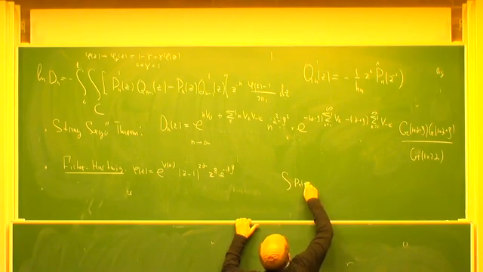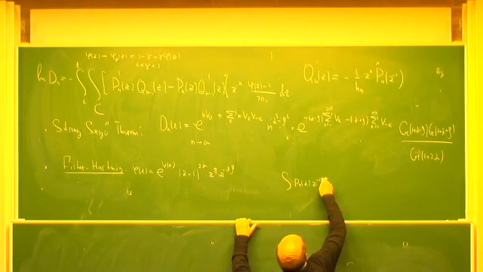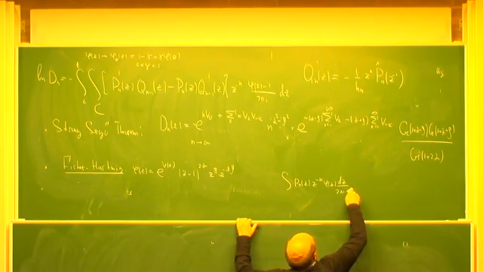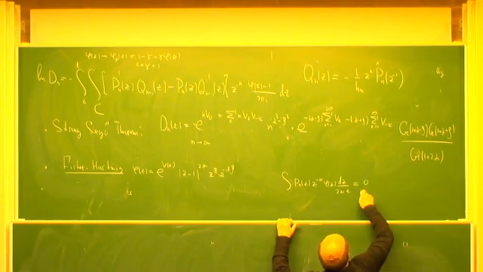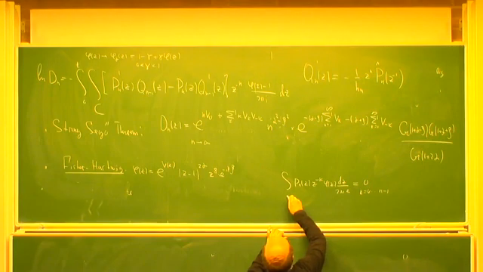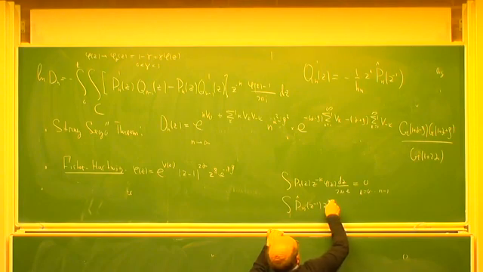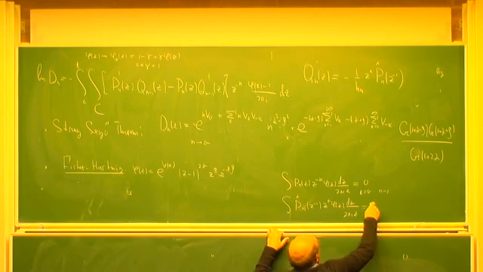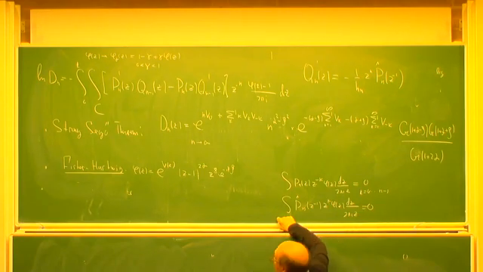The orthogonality relations: the integral of P_n(z) z^{-k} Q(z) dz/(2πi z) equals 0, and the integral of P̂_n(z^{-1}) z^k Q(z) dz/(2πi z) equals 0. This is what I would use. These relations.